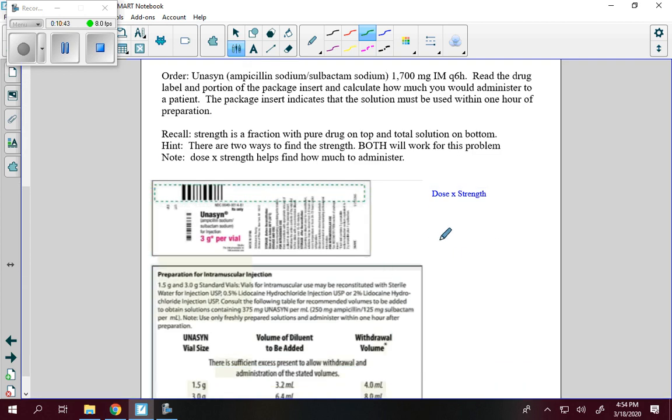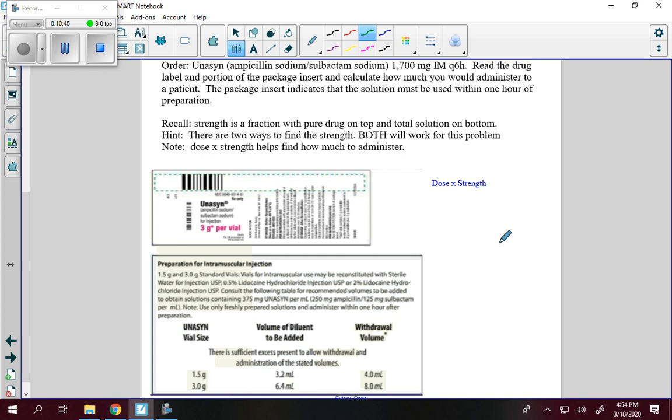So the first example, the order is Unasyn, which is ampicillin sodium and sulbactam sodium. Oh, it looks like a combination drug. You need 1,700 milligrams intramuscularly every 6 hours. We're going to read the drug label and portion of the package insert and calculate how much we would administer to a patient. The package insert indicates that the solution must be used within 1 hour of preparation.